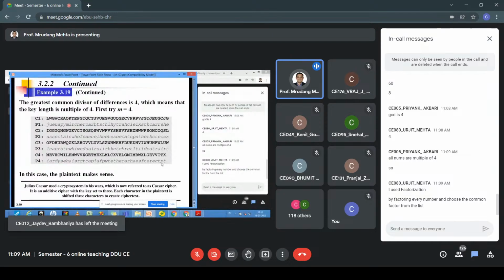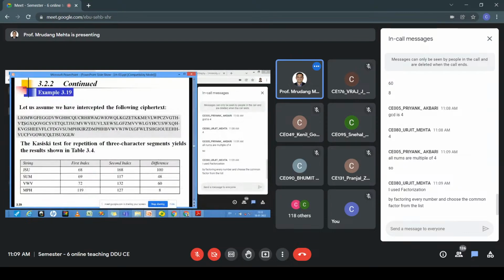So when we start with 4, we should first divide the whole string. This is the whole string, and that is divided with m equal to 4, so 4 rows. The whole string is written in 4 rows instead of one long text.